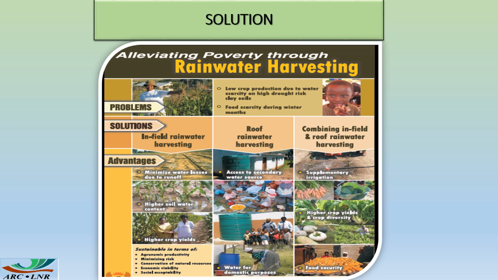With infield rainwater harvesting, you minimize the water losses due to runoff. You get a higher soil water content and higher crop yields.